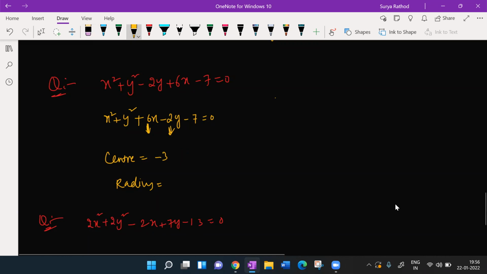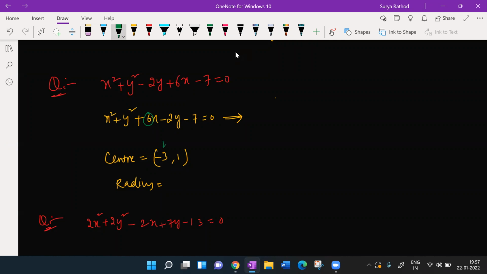Getting my point, people? What is the radius? Guys, are you here? See, what I'm saying here is, what did I tell you? I'm just teaching the short way, okay? Finding the center and radius. What is the half of this? 3, right?